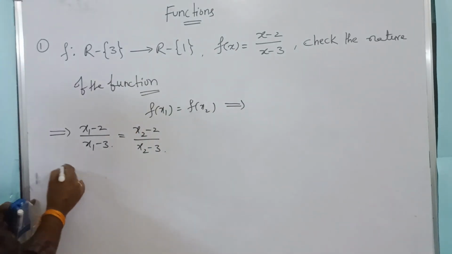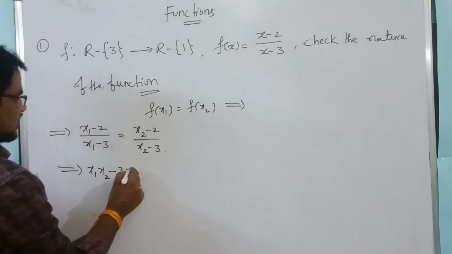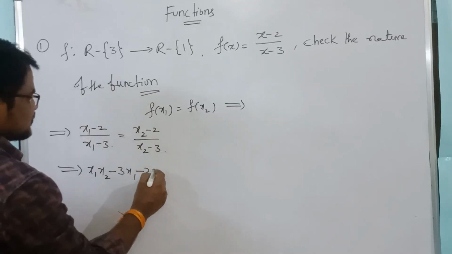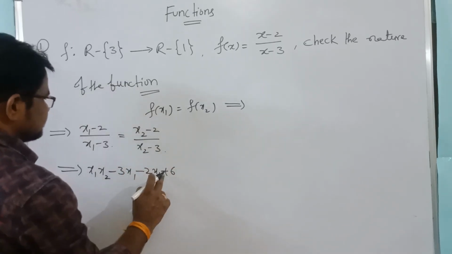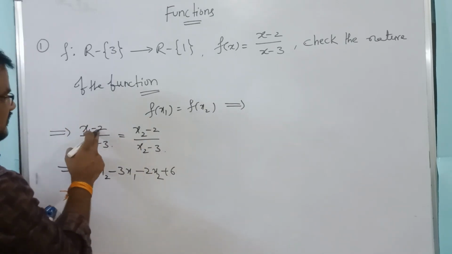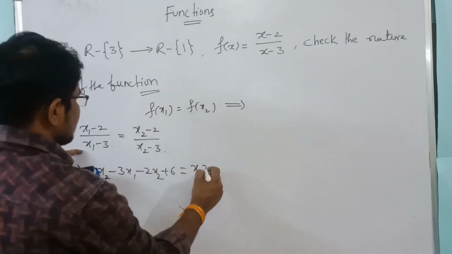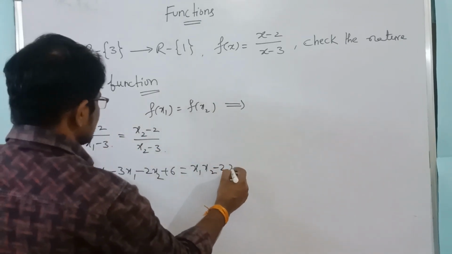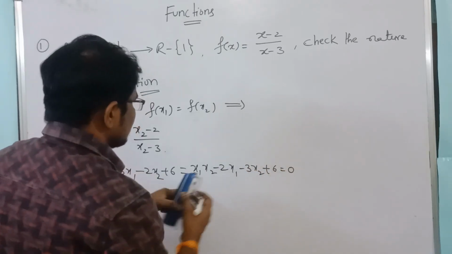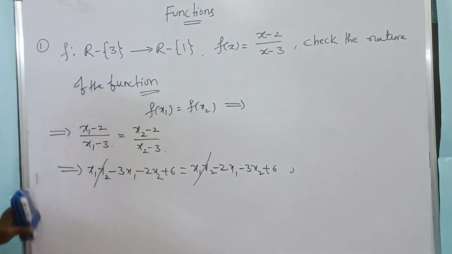Do the cross multiplication. x1 x2 minus 3x1, minus 2x2 plus 6 equal to x1 x2 minus 2x1 minus 3x2 plus 6. Now here these two get cancelled, right?